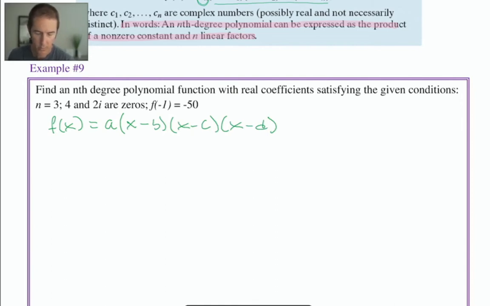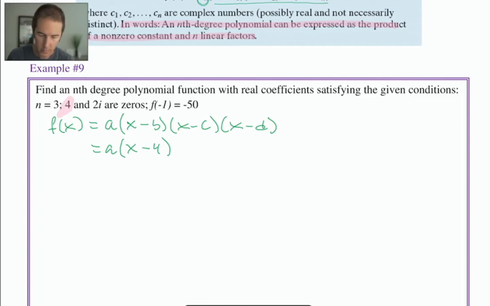Okay, so what of these blanks can we fill in? Well, I definitely don't know what a is yet, so I'm going to leave that there. And x minus 4 is the first of those unknown constants that I'm going to fill in. How do I know that it's a 4? Because, as you might be guessing, there's a 4 right here. Well, how do I know to put it in as x minus 4? Maybe it should have gone in as x plus 4.